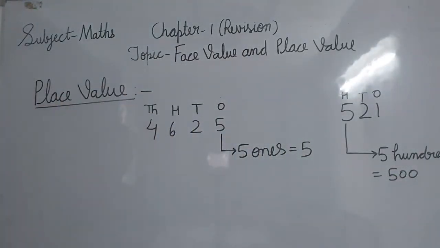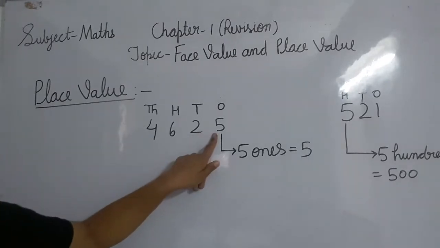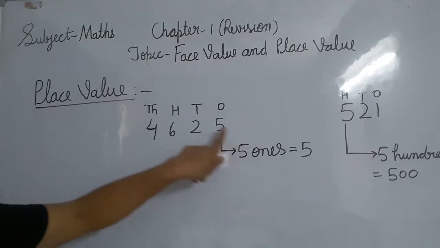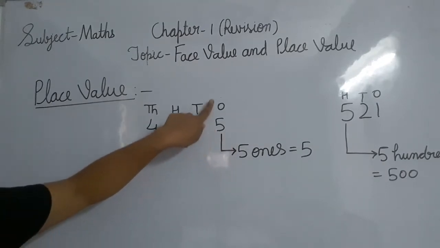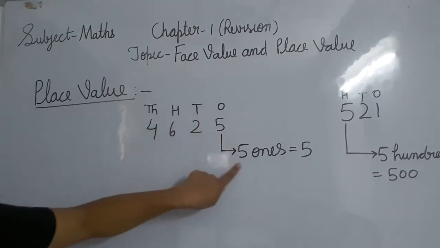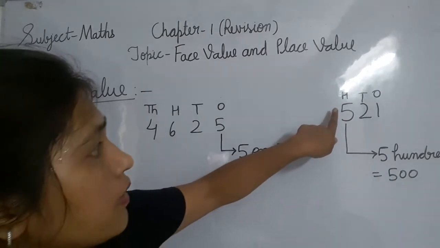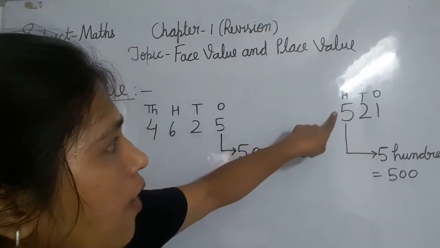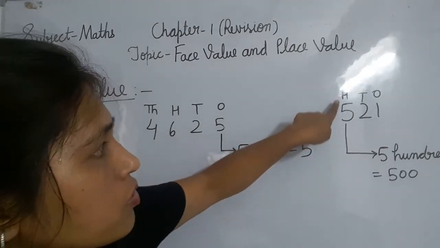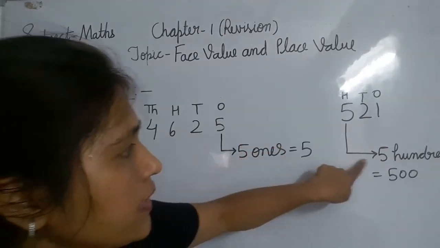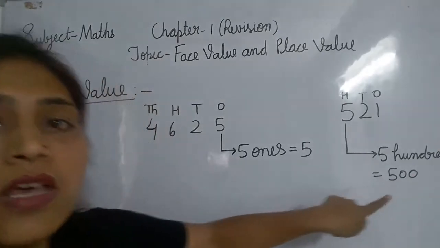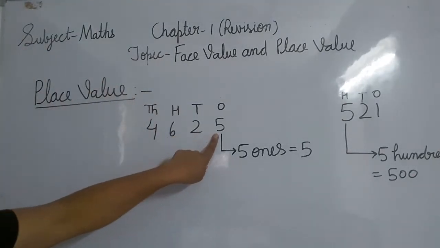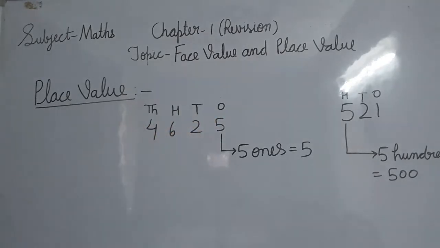So now look here. If the 5 is changing its place, the value is also changing. Here it is on one's place, so the place value is 5 ones. But here the same number 5 is there, but now the place has changed. Now it is in the 100 house. So the place value of 5 is 500. So the number changes its place value according to its place, in which place it is.